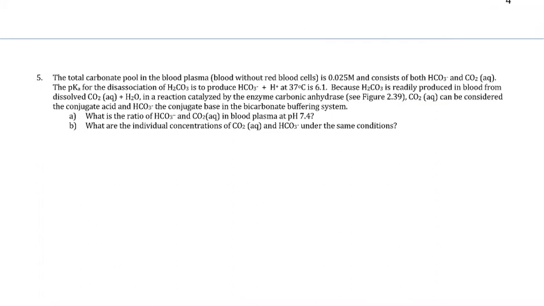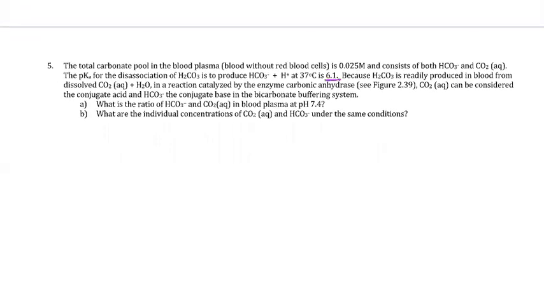And so when you have H2CO3, the H2CO3 can then dissociate into HCO3 minus and hydrogen ions, right? And so you can monitor the pKa of that dissociation, which is 6.1, right? So because we're making the H2CO3 in the blood all the time, right?